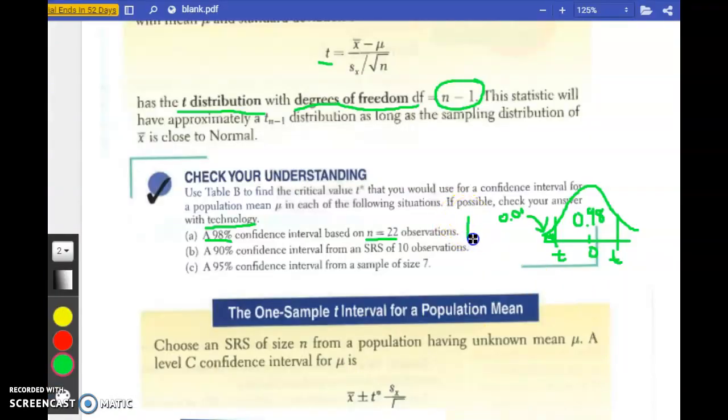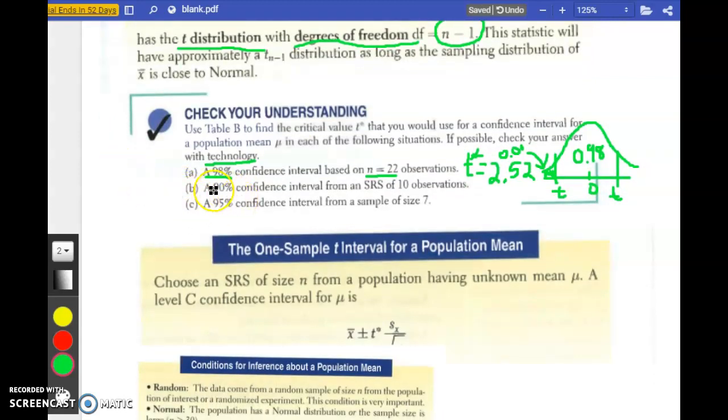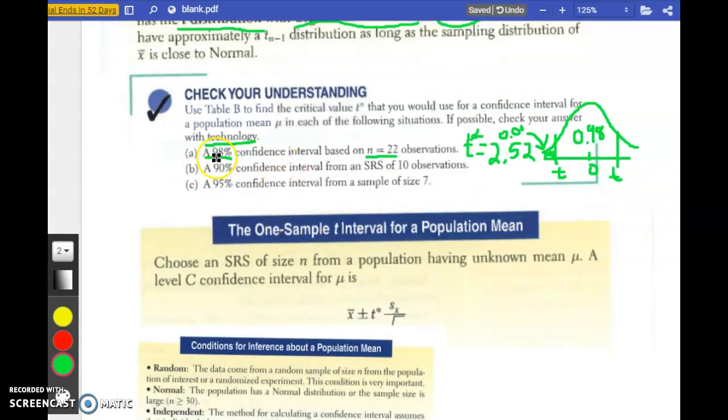So if I was making a calculation, that t star would be 2.52. I'm just going to do that one, but you could do the same thing for a 90%. Here, your degrees of freedom would be 9. Your area would be 0.05, right? There's 0.1 left over, but half of it is 0.05. So all of these work the same, just based on a different level of confidence and a different sample size.